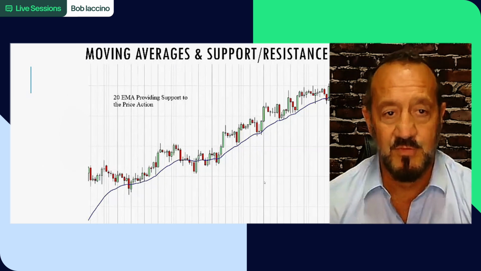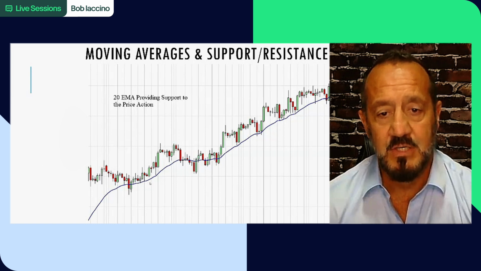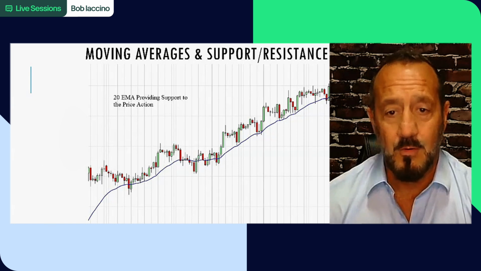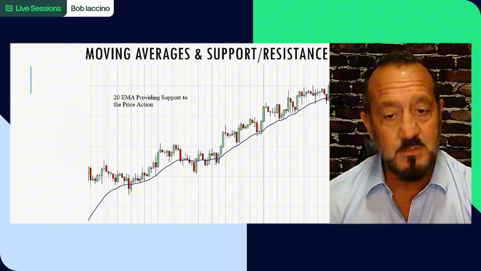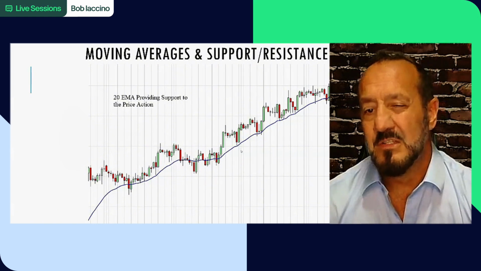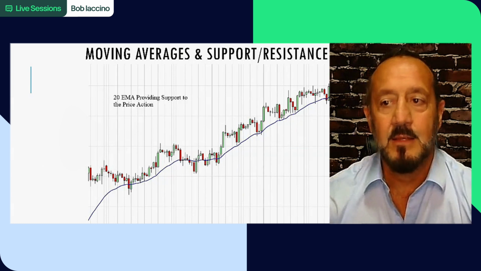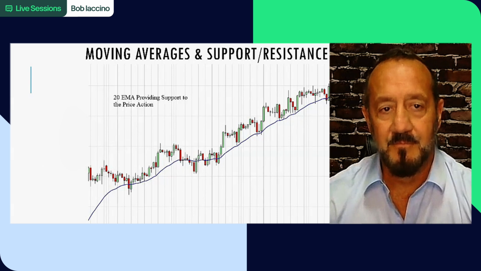I'm sorry, I didn't mean to move that. You can see it provides it on the left here. It's providing support in the middle of the screen here, but it's breaking it constantly. And then as you move to the right, it provides good support, good support, good support, breaks it again, but still provides support, right?